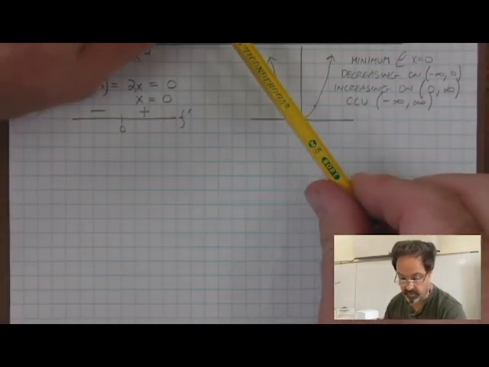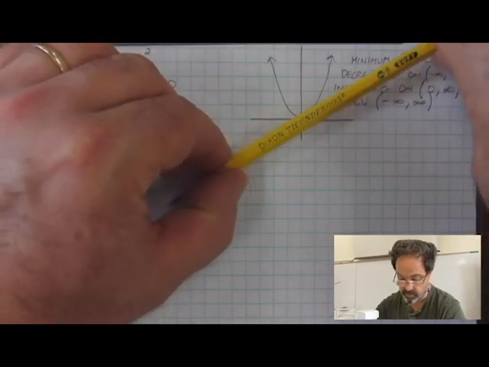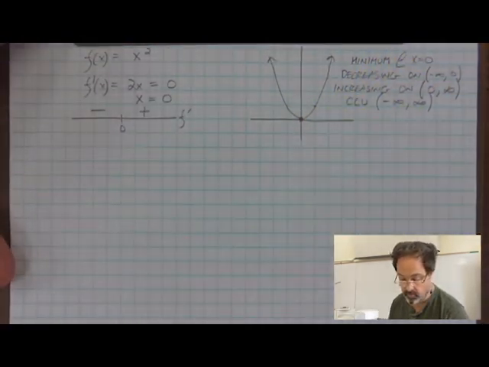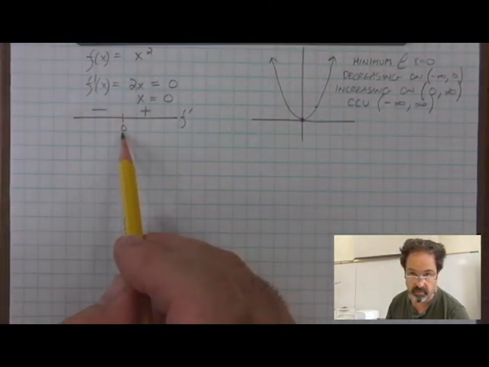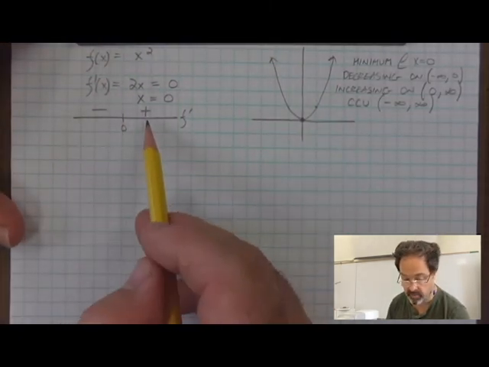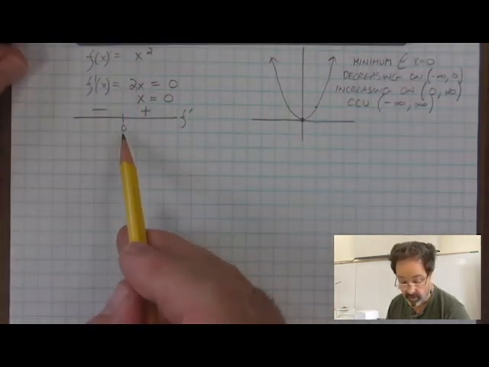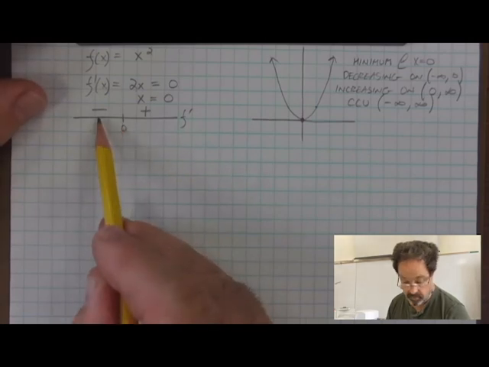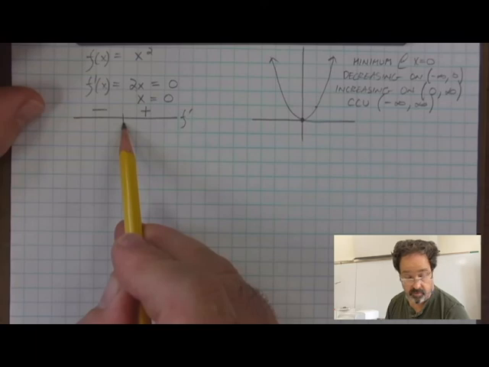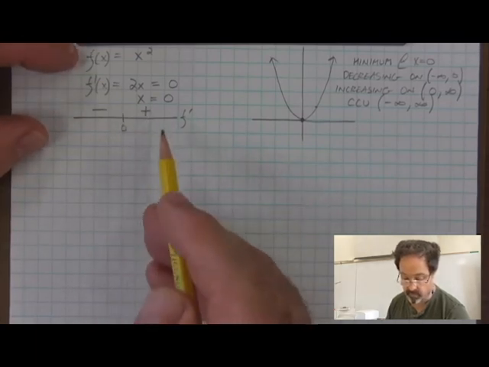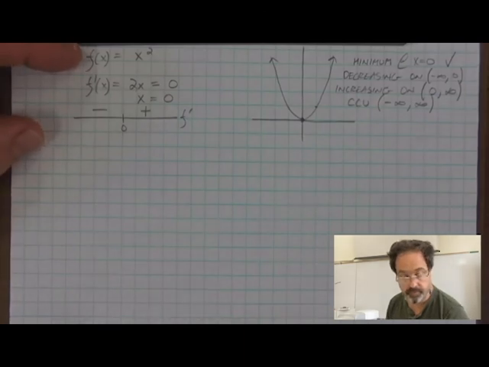Tangent lines are sloping down, and then the tangent line becomes 0, and then afterwards tangent lines are sloping up. This will always be the case if this critical point is a minimum. And in fact, setting up this justification formally justifies that I have a minimum at 0. Negative derivative before, 0 derivative at the critical point, and positive derivative afterwards. I know that I have a minimum at x equals 0.